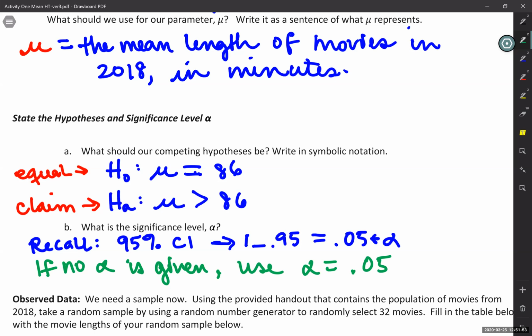So yeah, alpha of 0.05 is the most common. Now, some problems will say use alpha equal to 0.1, use alpha equal to 0.01. That's fine. If it gives it to you, use it. But if they don't tell you, then we're just going to default to alpha equals 0.05.